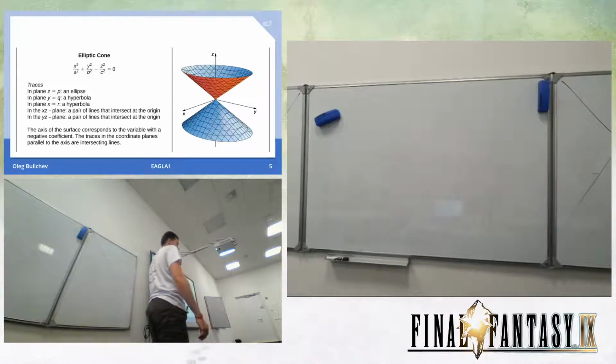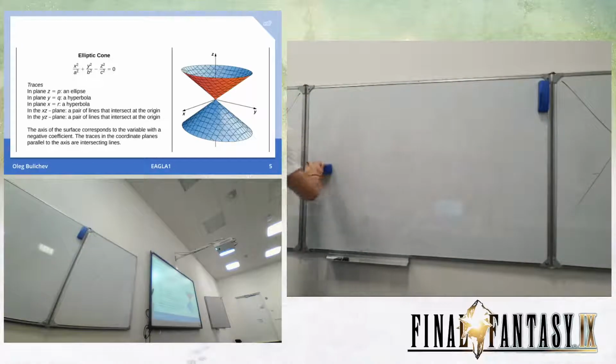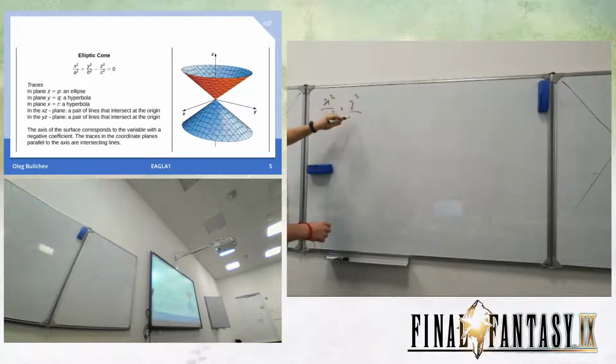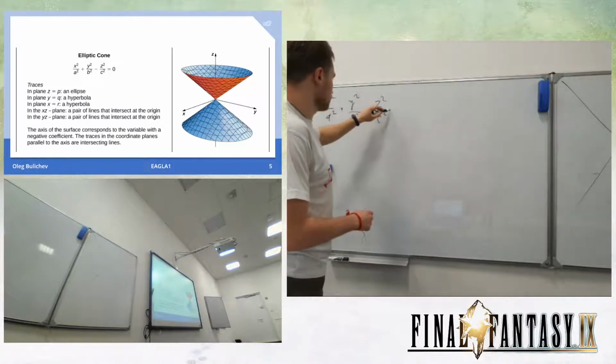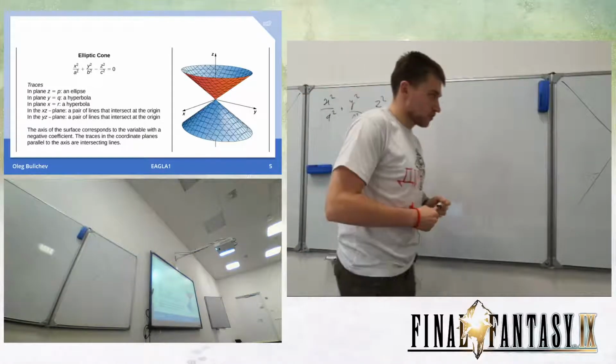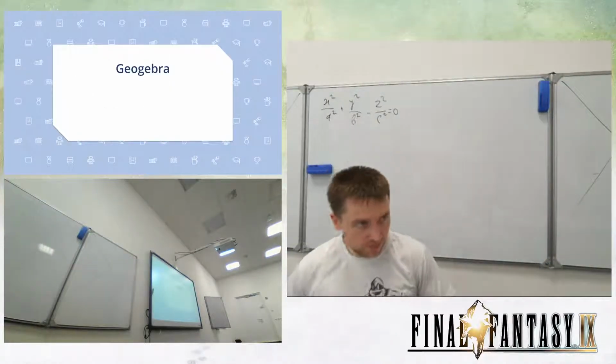But we need to make some assumptions. The first assumption, of course, is that we know the elliptic cone equation. This one. How to derive it is not today's story. Now, let's go to GeoGebra.